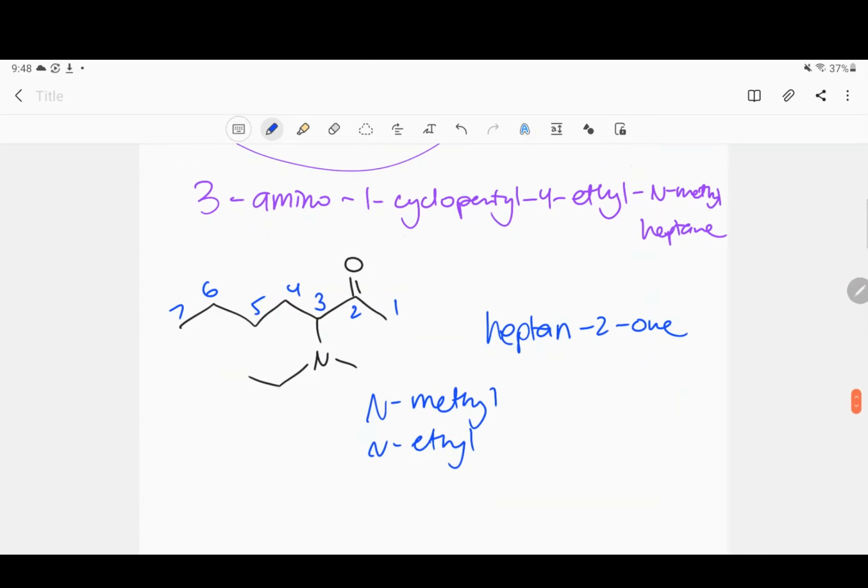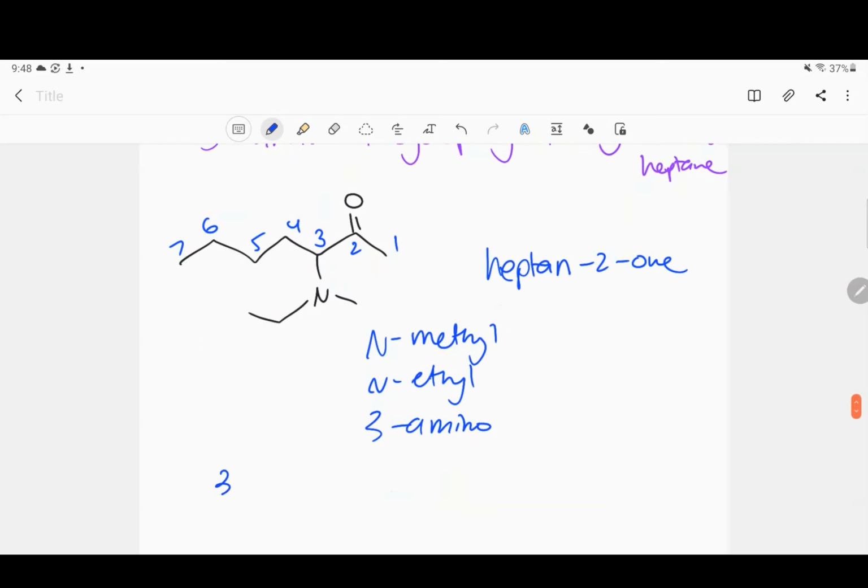And then 3-amino. So we just have to put these in alphabetical order. So 3-amino, N-ethyl, N-methyl, heptan-2-one.